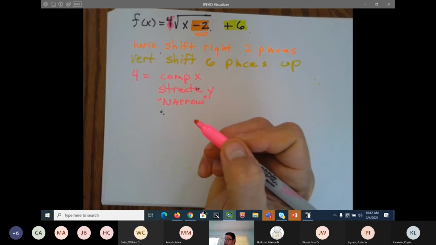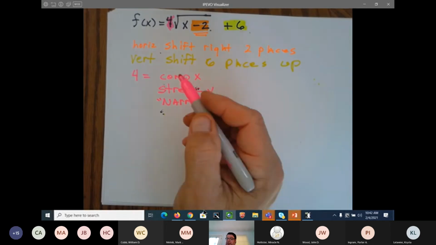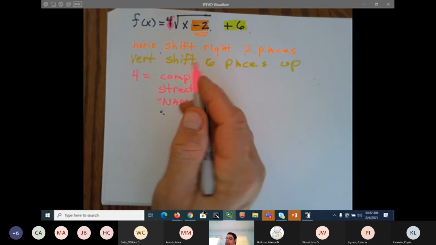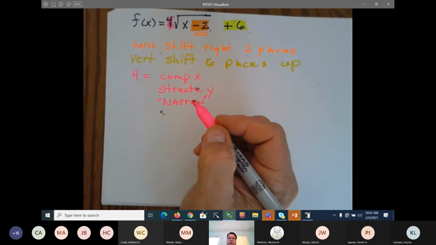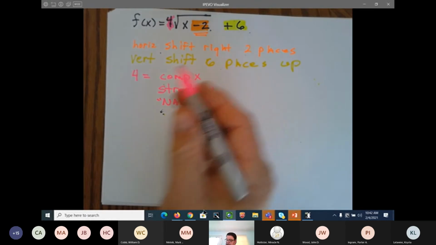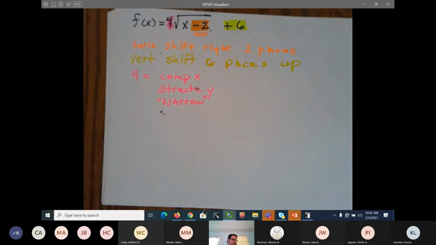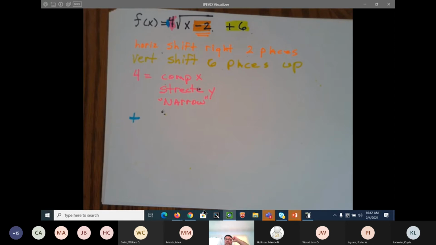Now, what do you mean narrow? Well, you got to remember, everything is compared to the basic model. And the basic model is on your family of graphs. And we know that this is positive. So positive means that it is going in the same direction as before, as the parent graph.